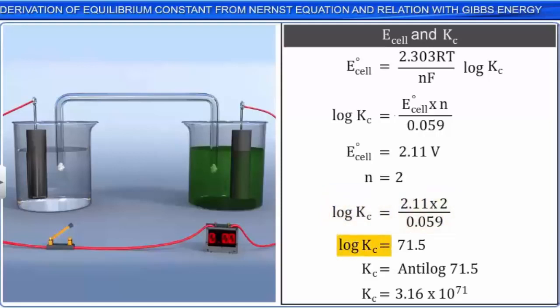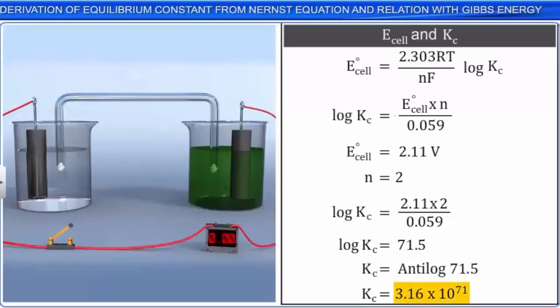To find Kc, you can take the inverse log or the exponential function of both sides. This gives us a value of 3.16 times 10 to the power 71 for Kc, an extremely large number.